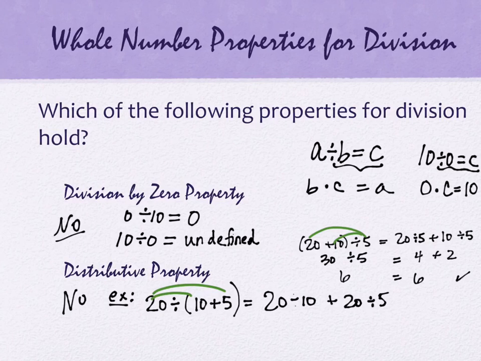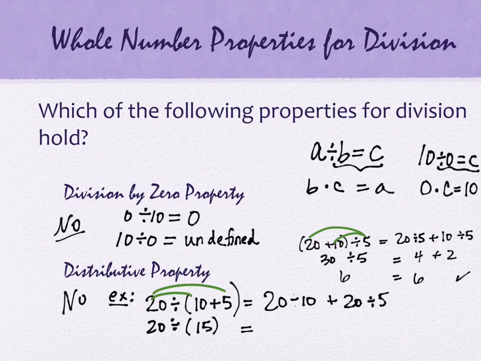Let's start on the left. The parentheses is the 10 plus 5, so I have 20 divided by 15. 20 divided by 15 is not a whole number. That's okay, because we know that whole numbers are not closed under division.